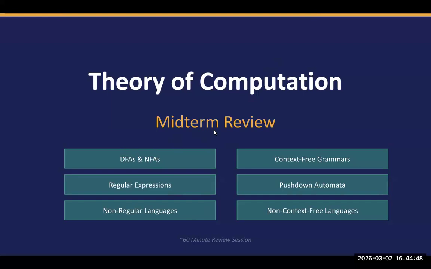We'll be going over some concepts such as DFAs, NFAs, regular expressions, non-regular languages, context-free grammars, pushdown automata, non-context-free languages. This should be around a 16-minute review session, but it can be less than that.